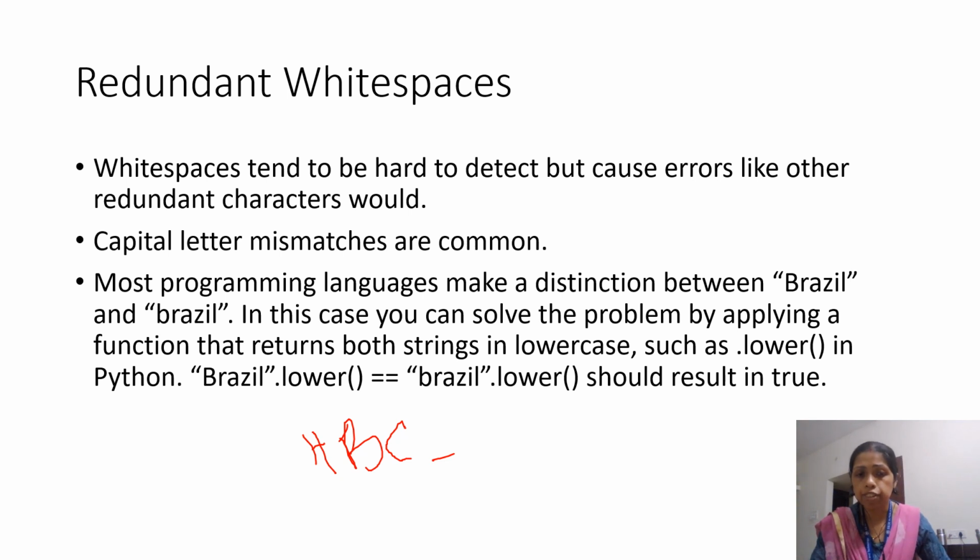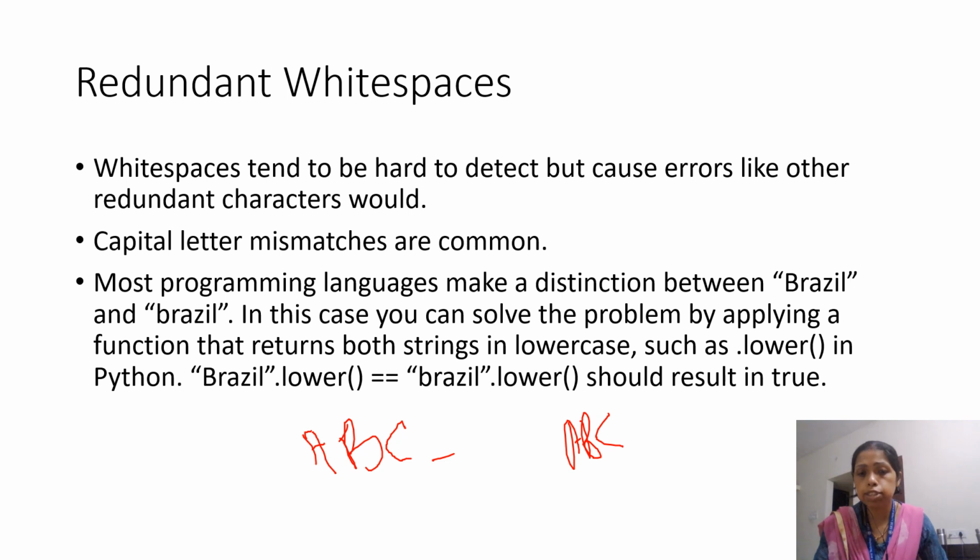So sometimes you enter A, B, C like this, and sometimes you give one space while entering A, B, C. So this time we will get some redundant space or white space.